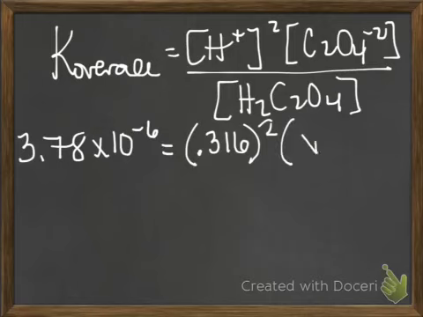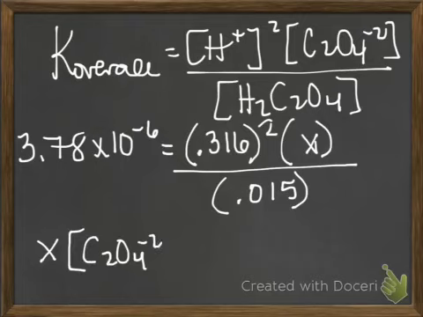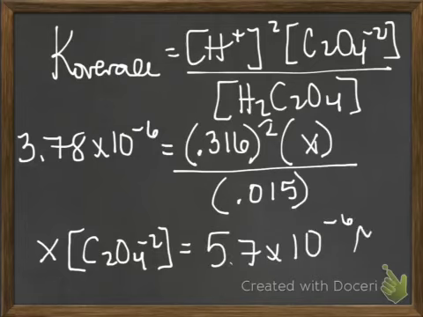I'm going to call the oxalate X, and the oxalic was 0.015. So you just do your algebra to rearrange and solve. Feel free to pause it and try it on your own. We get that our X value, which is oxalate, is 5.7 times 10 to the negative 6 molar.